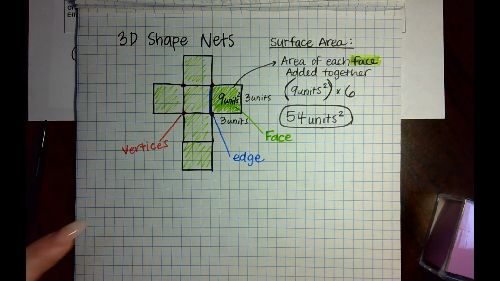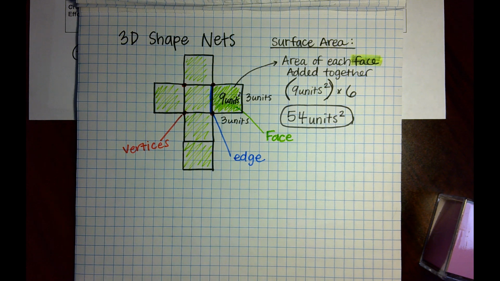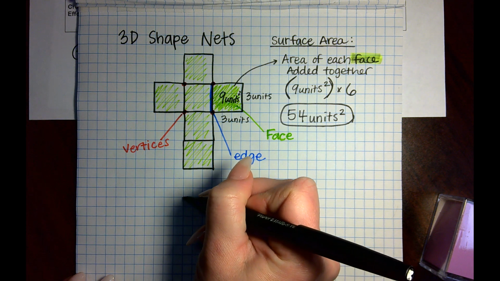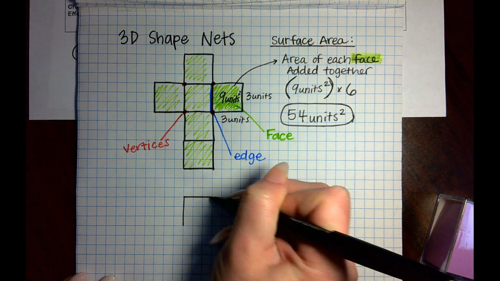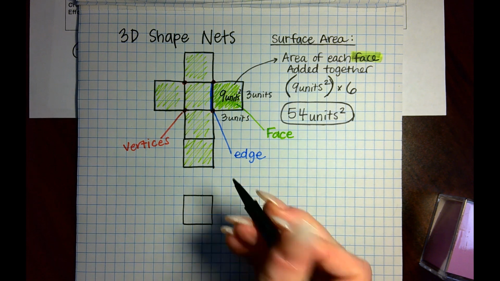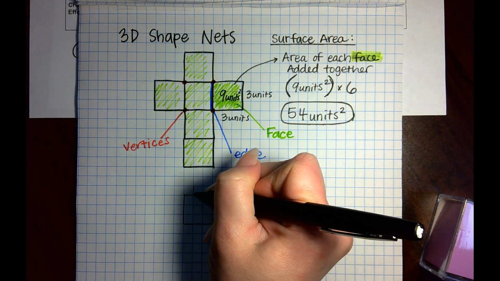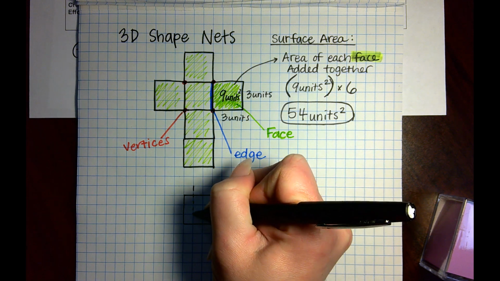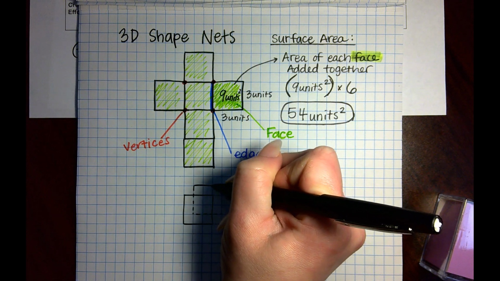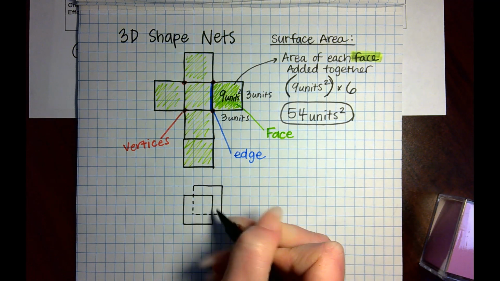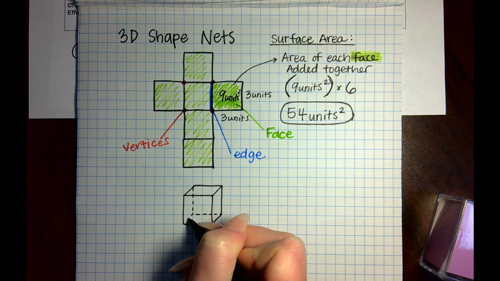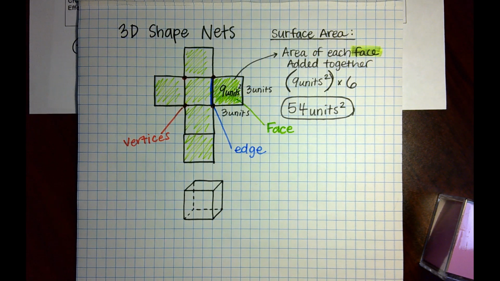So I'm going to draw a 3D version of this, and I'm going to show you how we could label that. So let me just redraw my square and turn it into a cube. Okay, there's my cube.